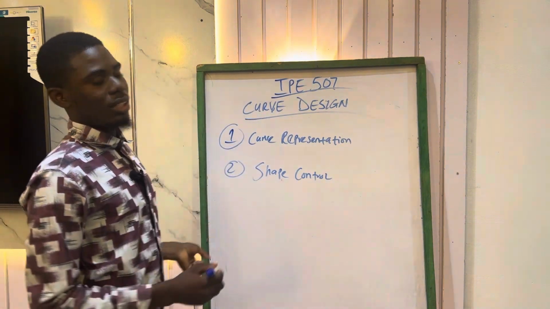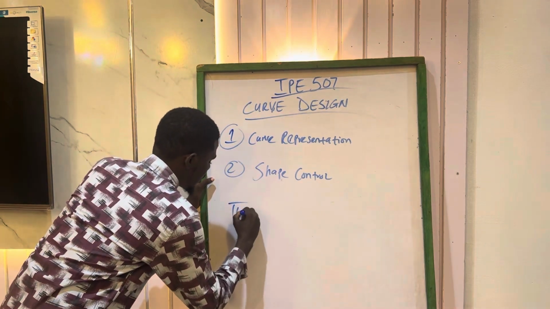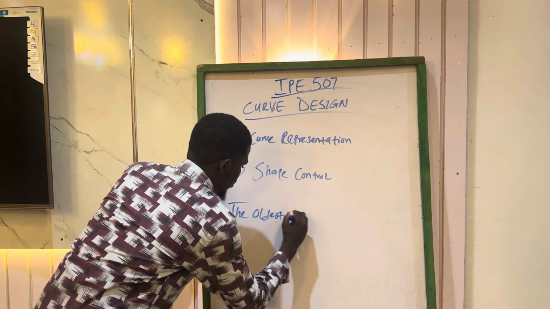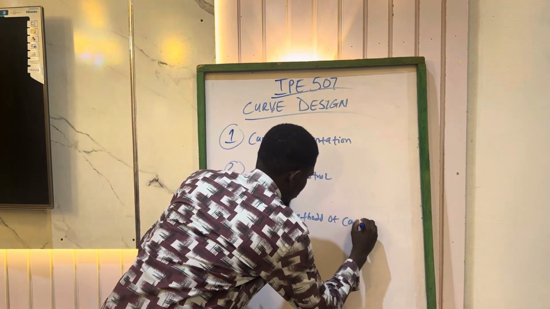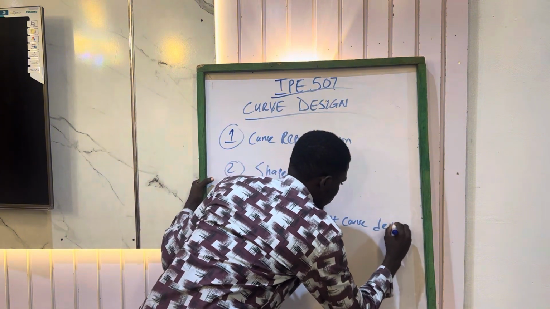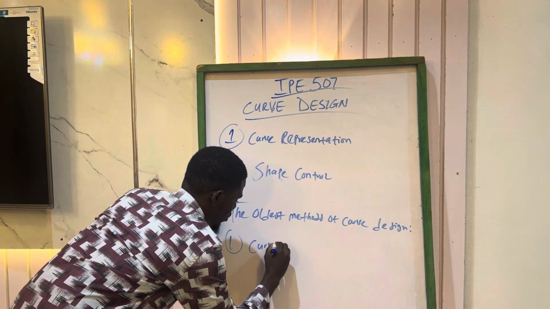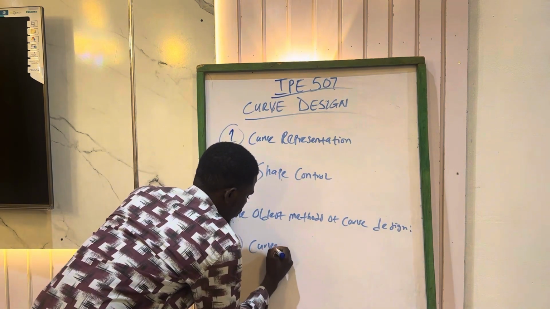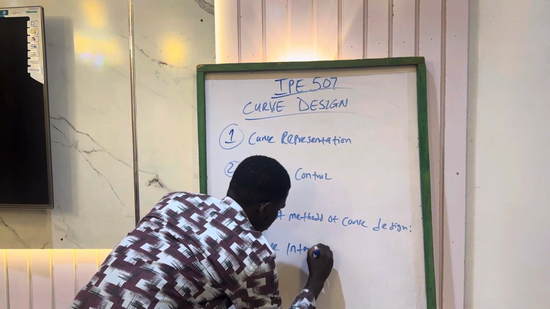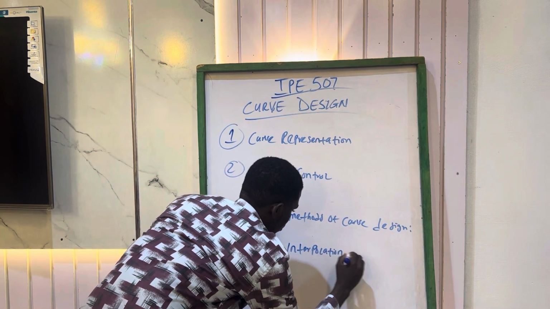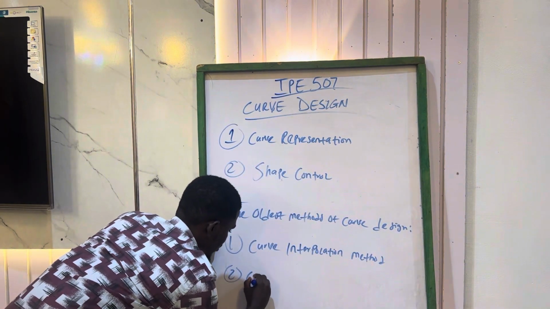Alright. So under this curve design, the oldest methods of curve design are number one, the curve interpolation method, and then the curve fit method.